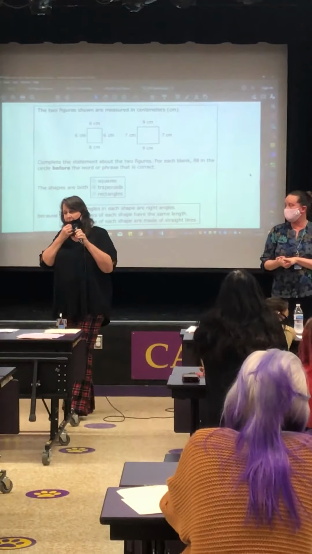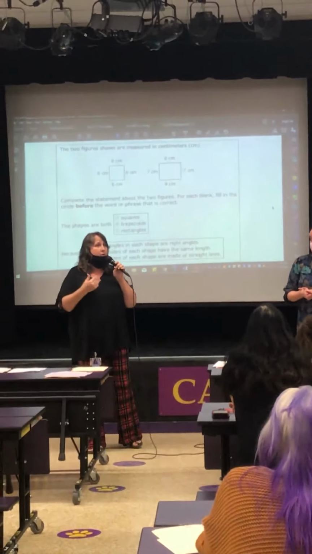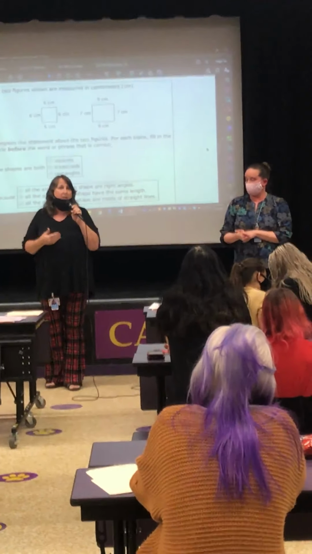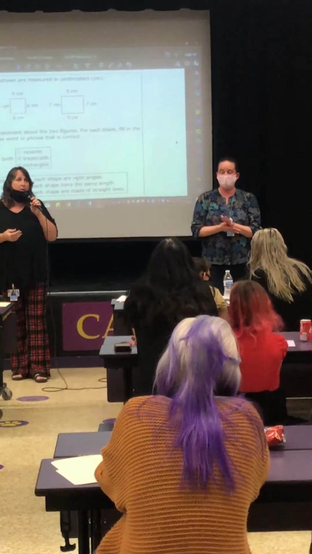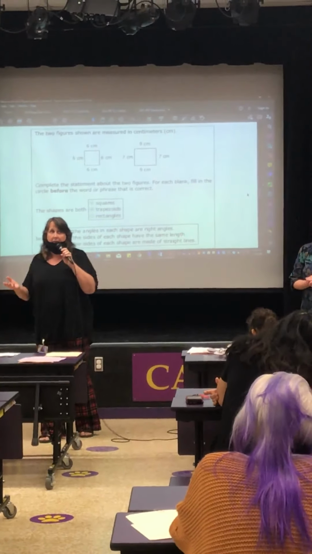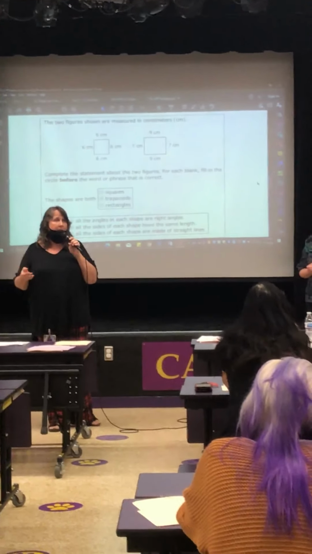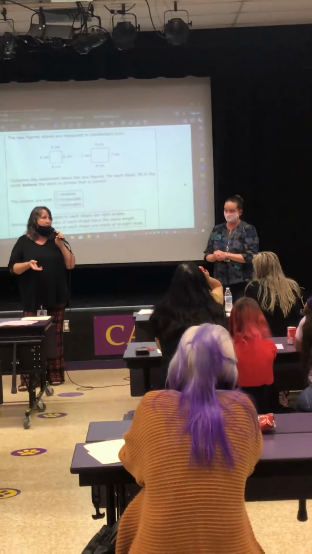We've also been working on using the strategy of working backwards. I have a lot of children that are struggling with division because they don't know their multiplication facts. When you see 9 and 27, that 3 should pop into your head. It doesn't, because they don't know their fluency.